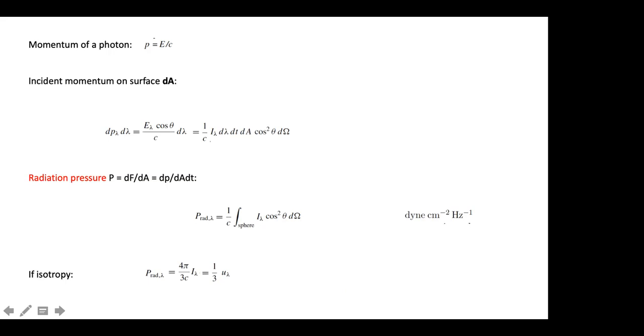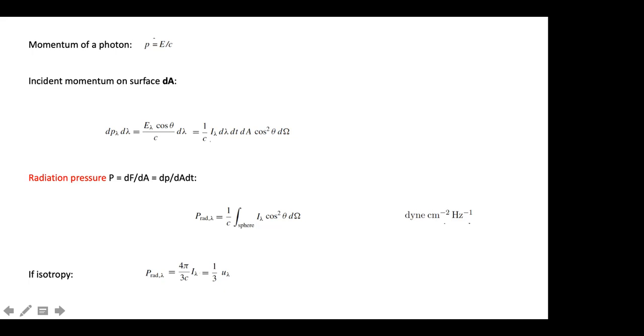And we already have all the ingredients here to express this radiation pressure as a function of what we already know, that is the intensity. It's just a matter of starting from here, inserting what we have, and then you have the intensity, and you come up with an expression of the radiation pressure.